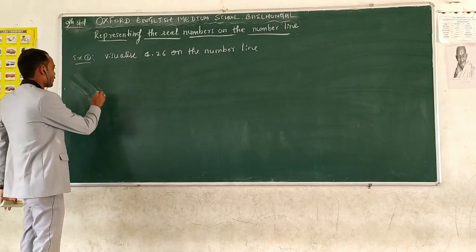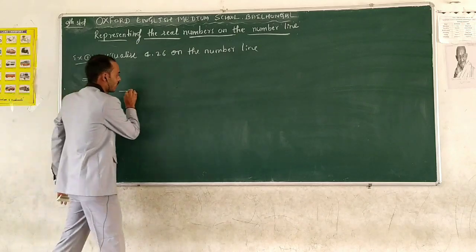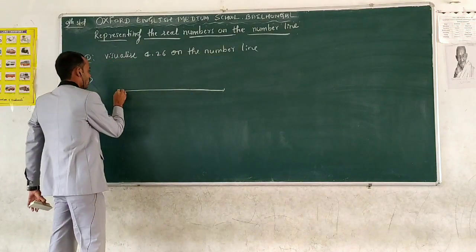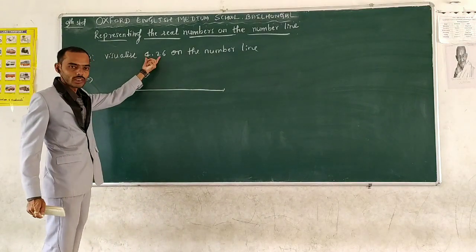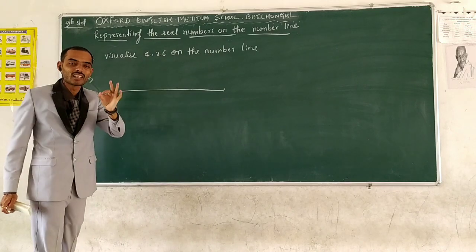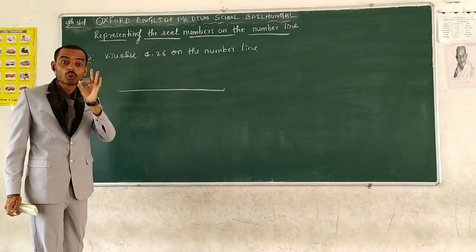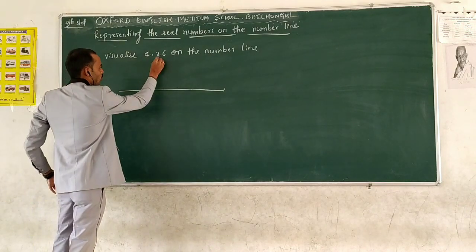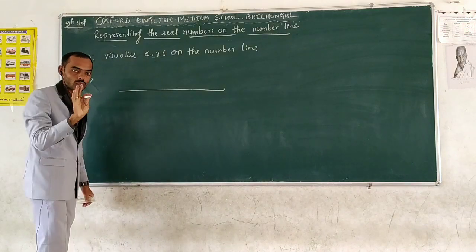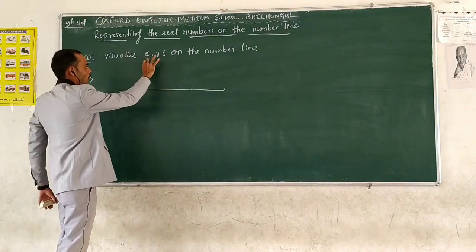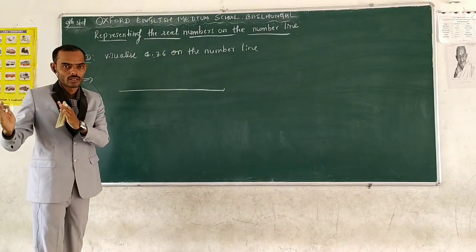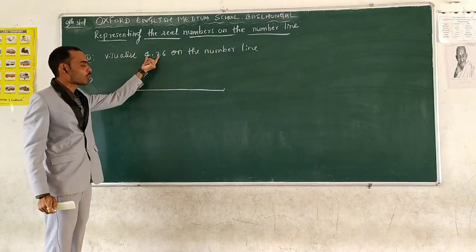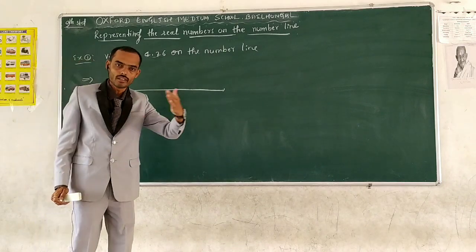So, first take one number line. First, you have to consider only 4.2, up to the first digit 2. 4.2 lies between 4 and 5.